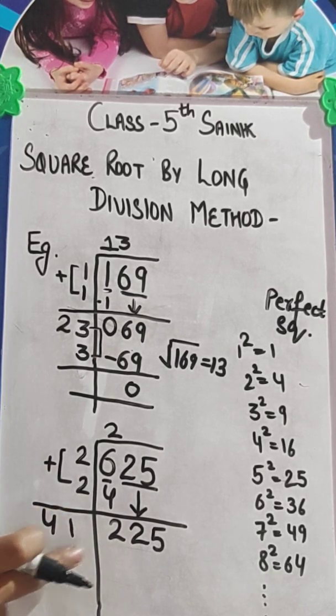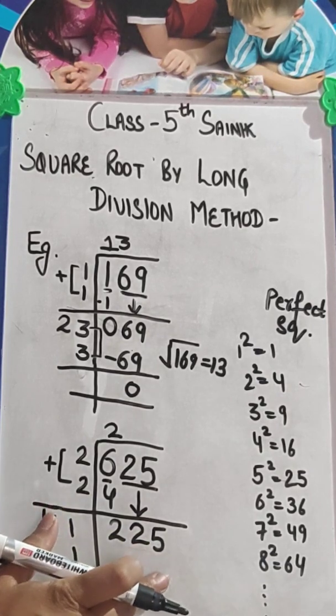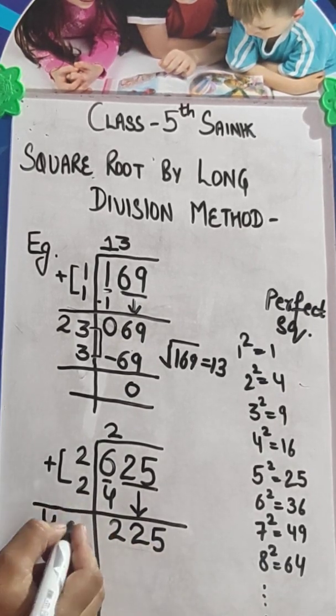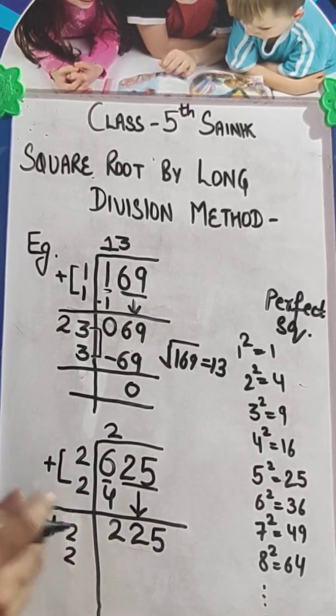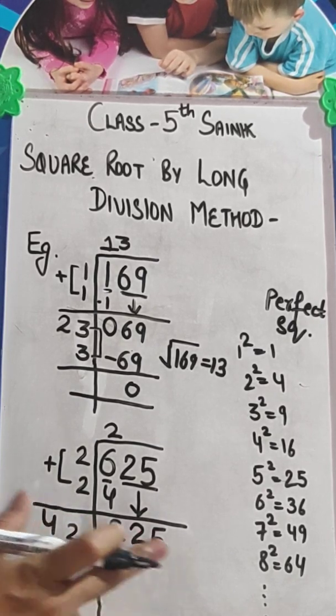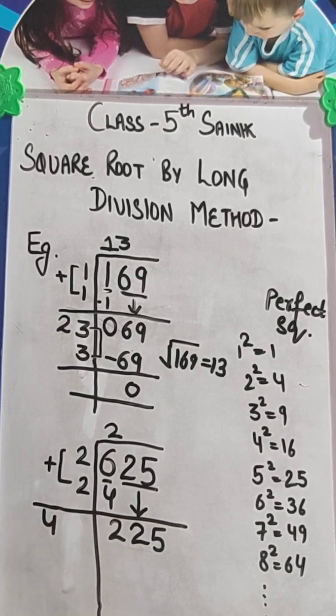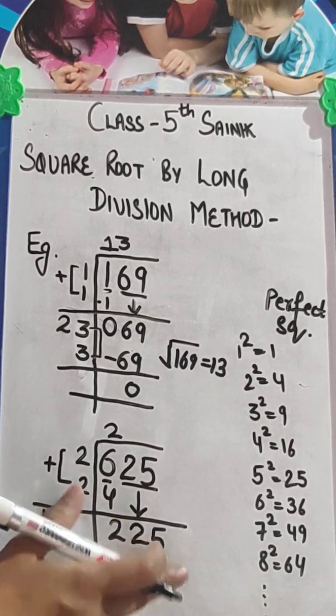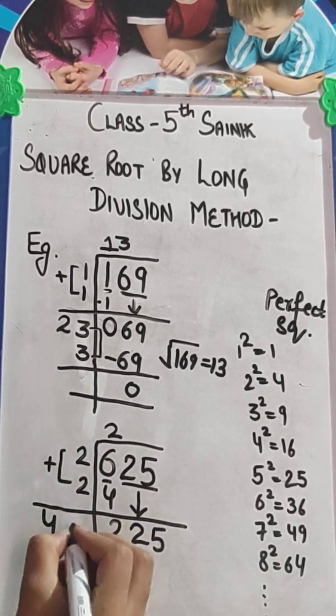41 multiplied by 1. 41 is very less than 225. If you take 2 here, 42 into 2, you will get 84. 84 is also very less than 225. In this way, you have to check by which number you multiply it so that you get 225 or less than 225.